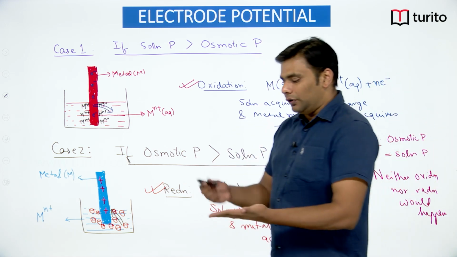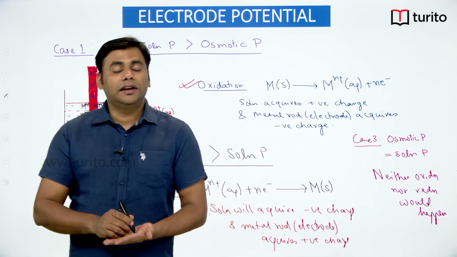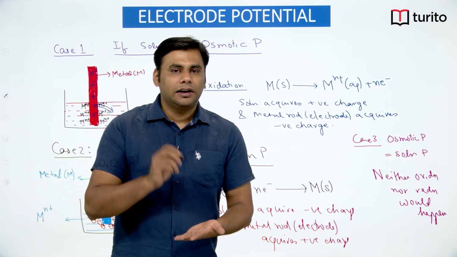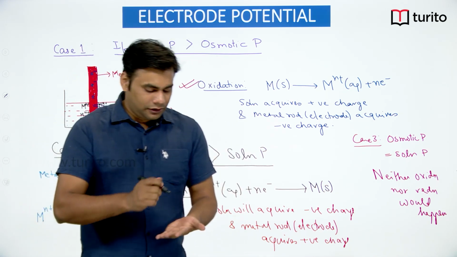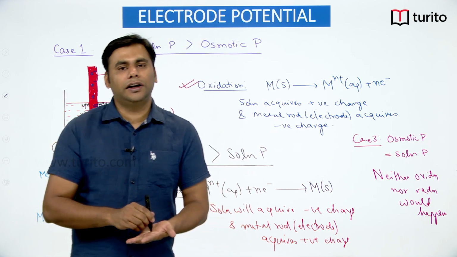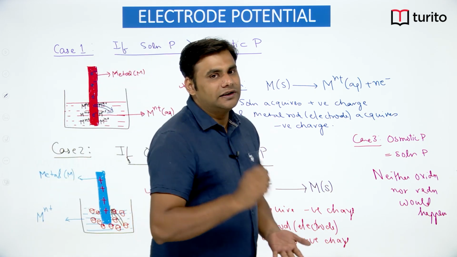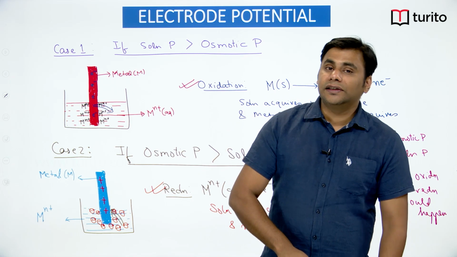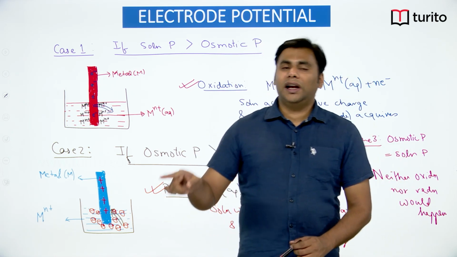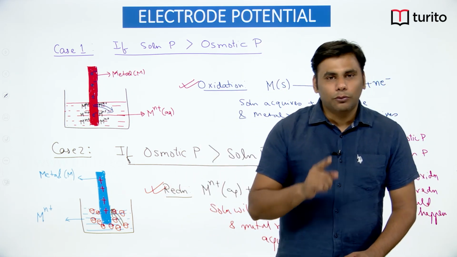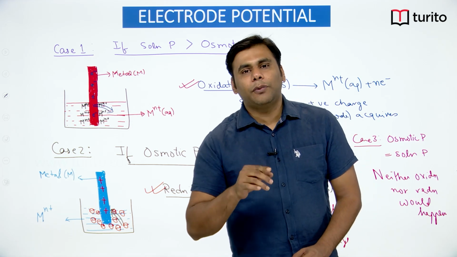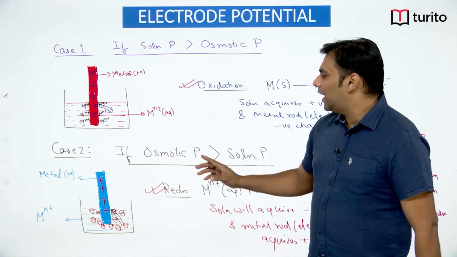Now if you are taking the metal rod and dipping it in the solution containing the metal ion, again there are two things that can happen. The metal ion has the tendency to get reduced, the metal has the tendency to get oxidized. If the tendency of metal ion to get reduced into metal is more than the tendency of metal to get oxidized, what will happen in that case?